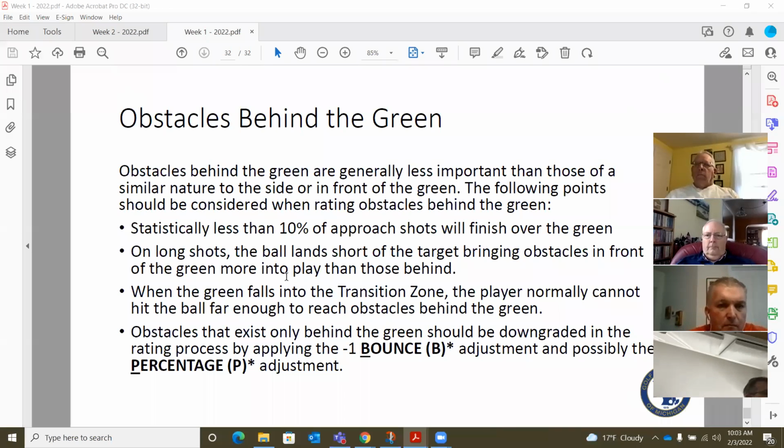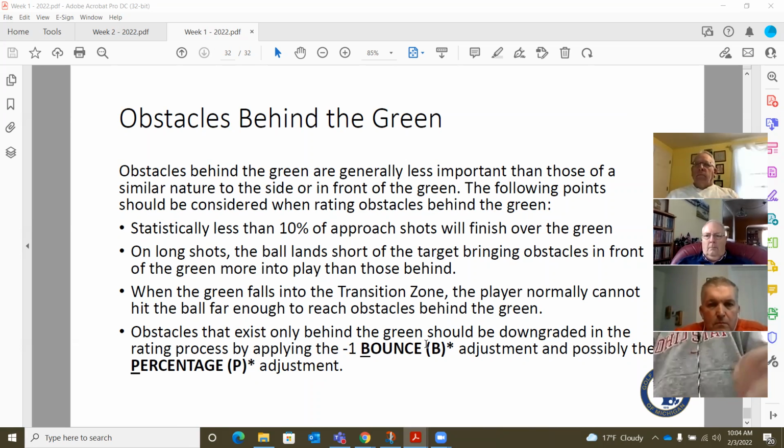was not 100% clear, but I think we should clarify this last bullet point here: obstacles that exist only behind the green should be downgraded, applying the B minus adjustment. So you don't always apply the B minus adjustment; it's only when the obstacles exist only behind the green.